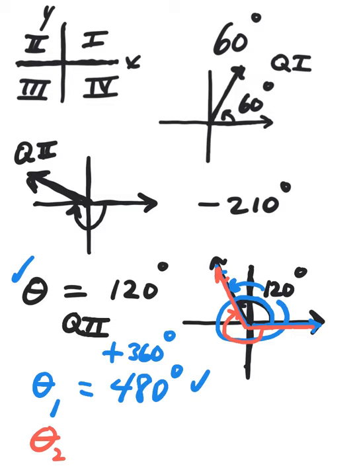Maybe if we subtract 360. In the first coterminal angle, we added a full rotation. In the other one, because it opens clockwise, we're subtracting a full rotation. So that is negative 240.